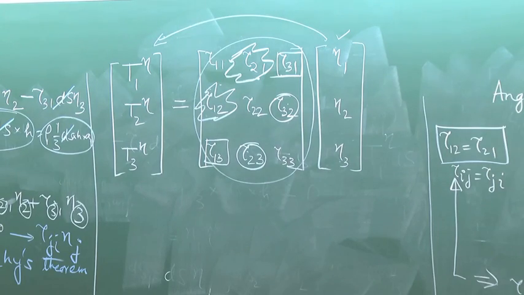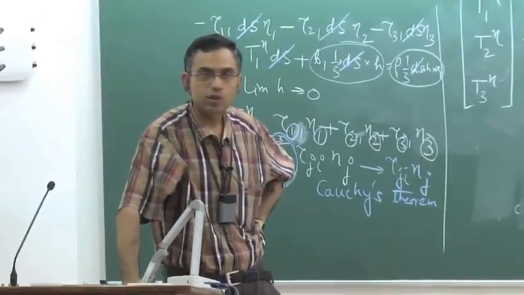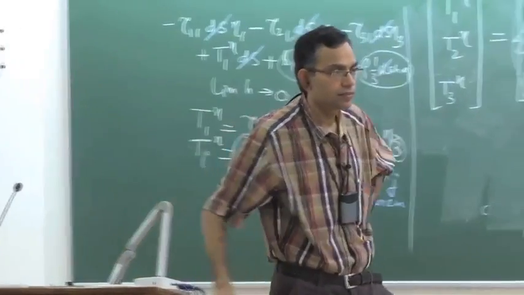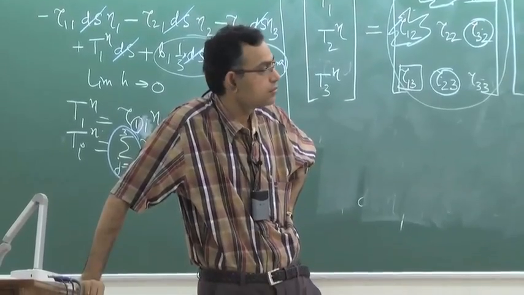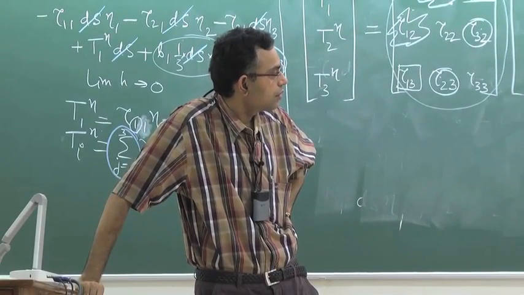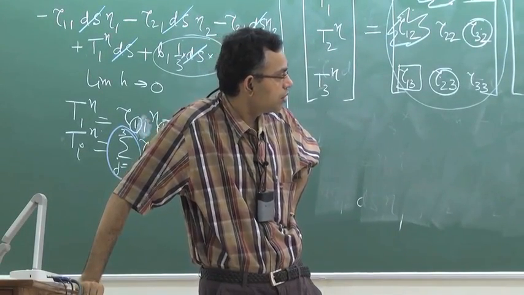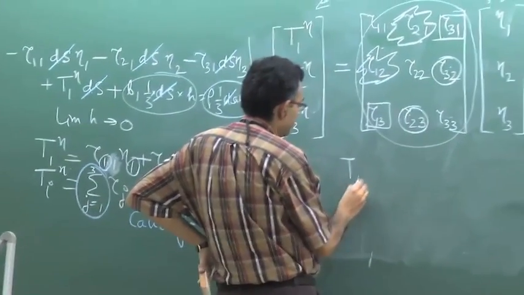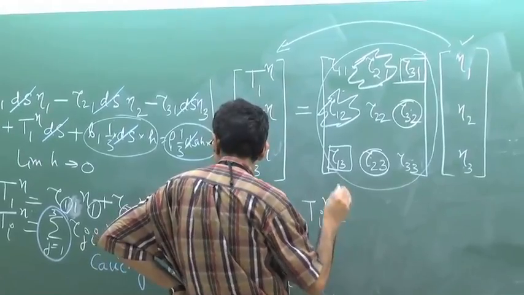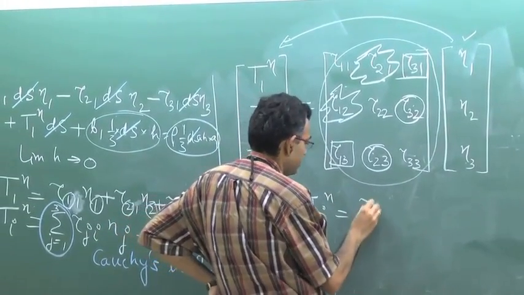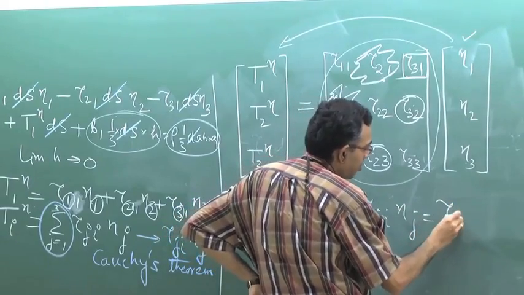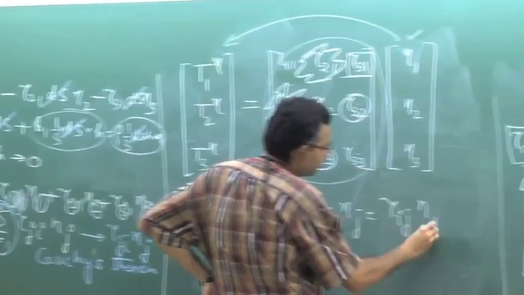So how many independent components are there in the stress tensor? 6. So you have 6 independent components in the stress tensor. Okay. So now the Cauchy's theorem, this also you can write as tau ij eta j.